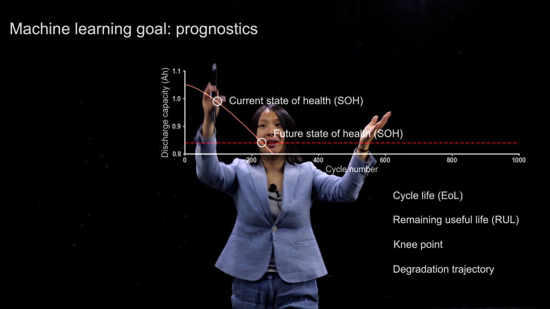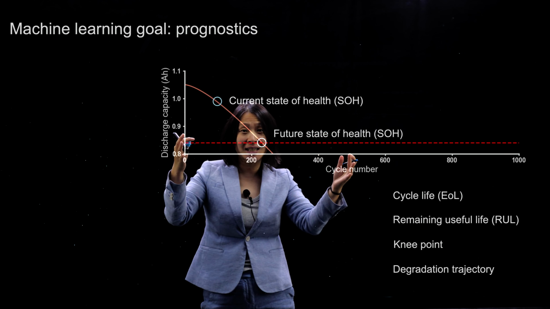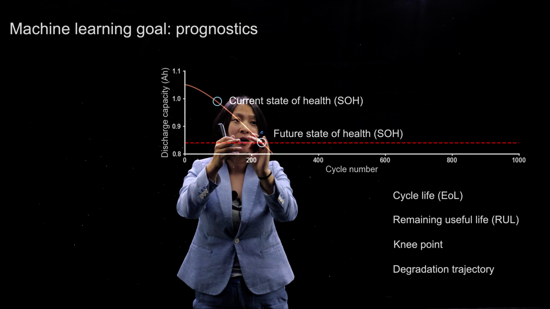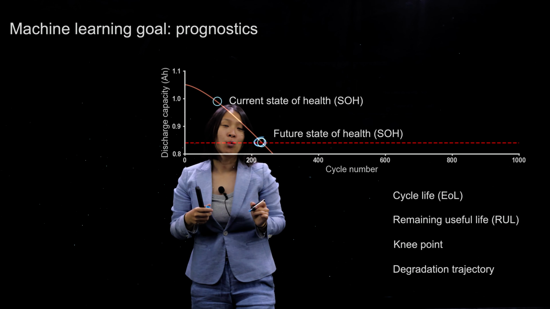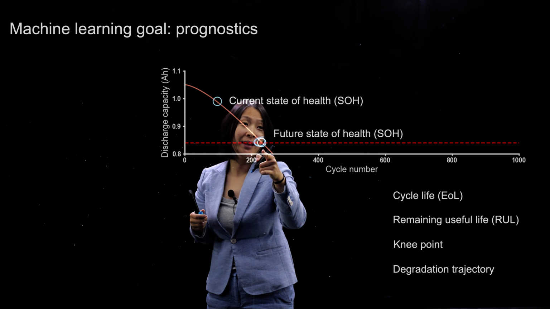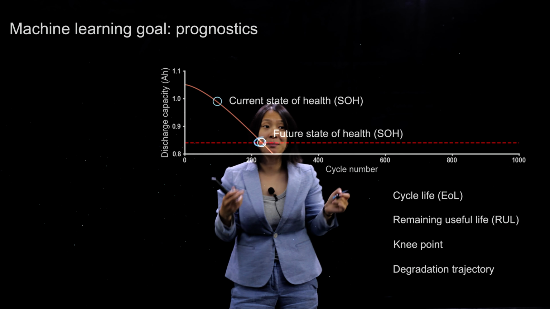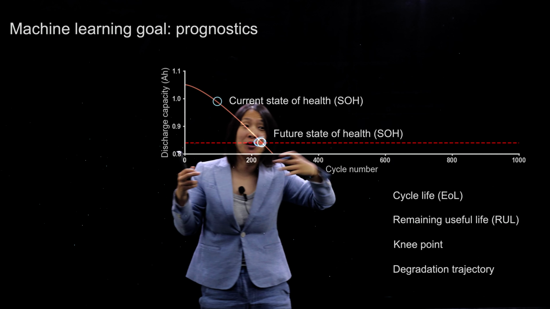So if we think about the curve shown here, when we are talking about the prediction of battery cycle life, we are interested in knowing this point, that is, the cycle number when it reaches this blue point. Of course, at the same time, we may also be interested in the remaining useful lifetime.